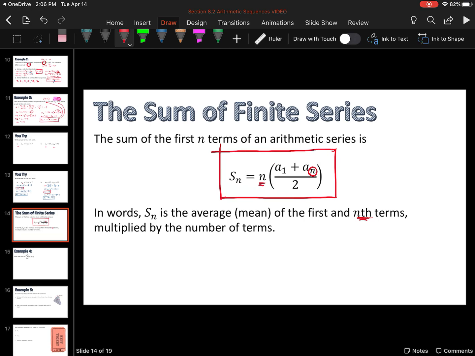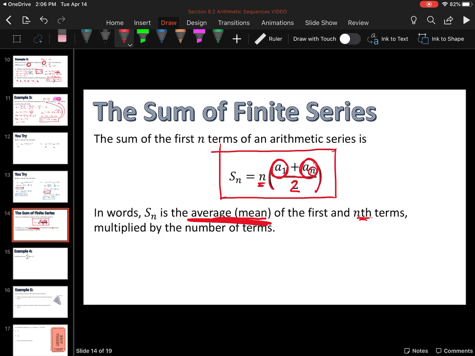So here's the number of terms. If you think about adding 2 things up and dividing it by 2, that's where we start talking about the average or the mean. So if I gave you something that was 12 terms, we would add up the first term and the 12th term, divide it by 2, and then multiply by however many terms we had.